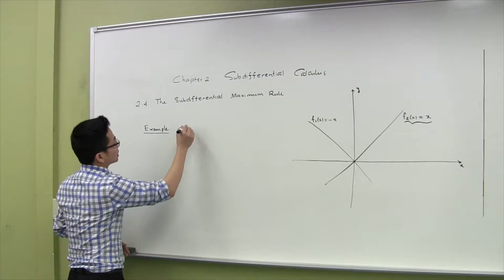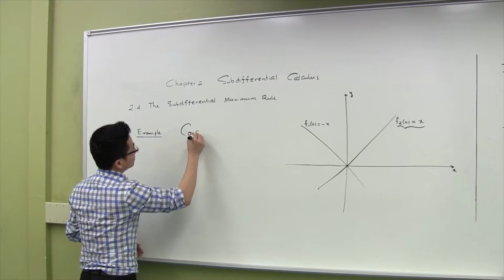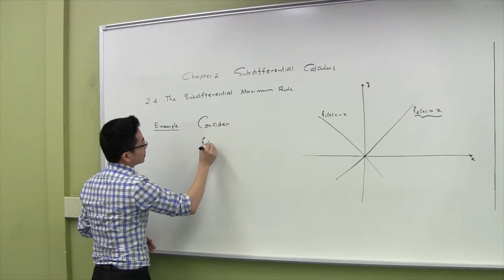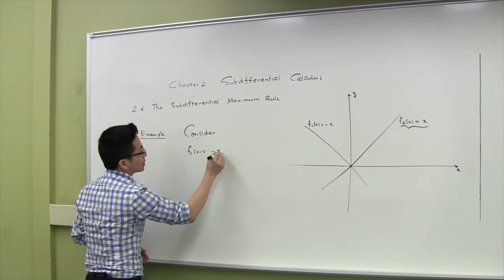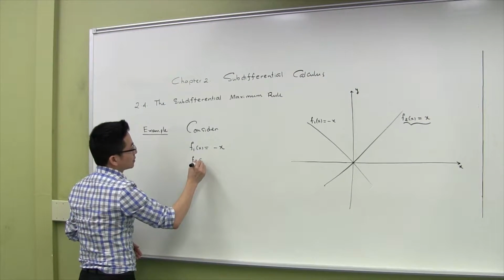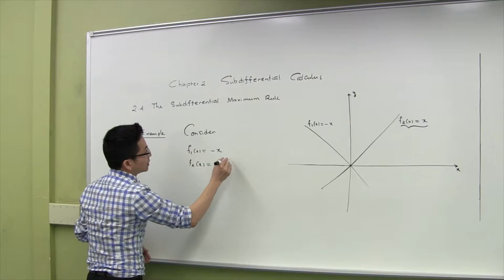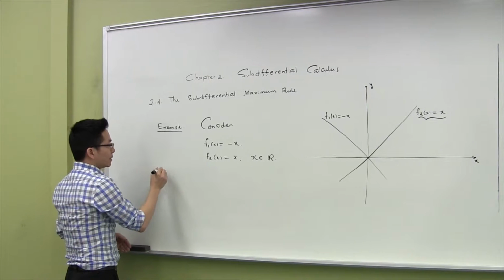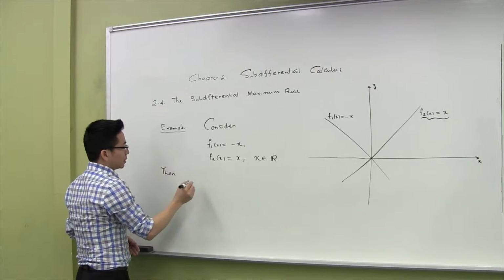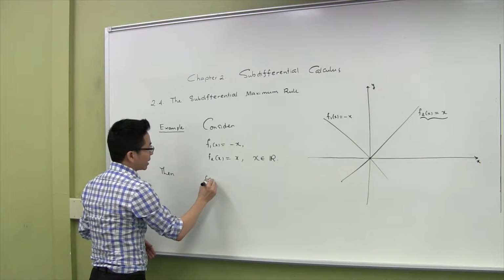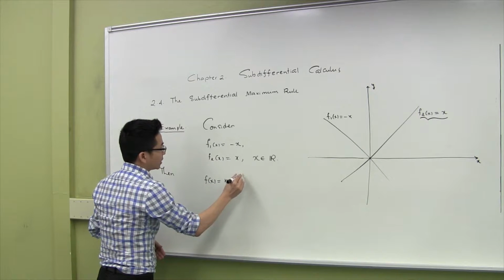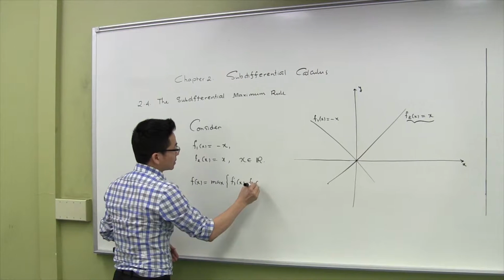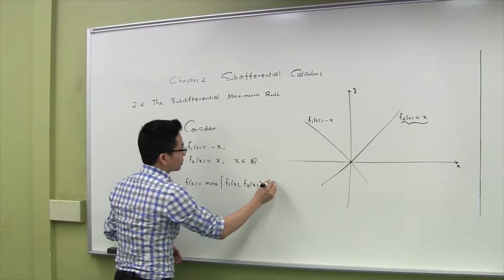So consider the following functions: f1 of x equals minus x, and f2 of x equals x. Over here, x is in R. Then the function f of x defined by the maximum of f1 of x and f2 of x is the absolute value function.